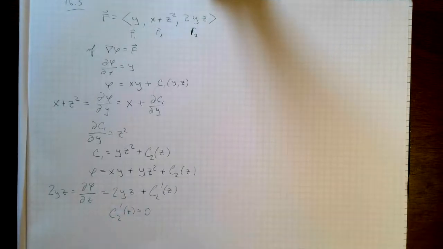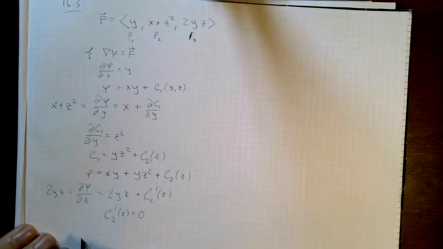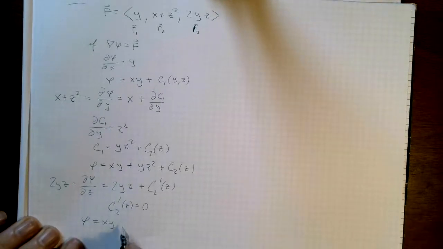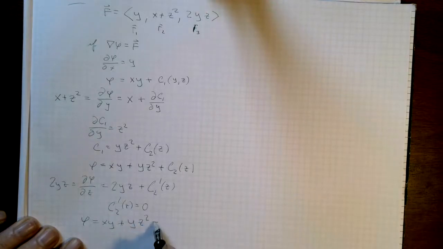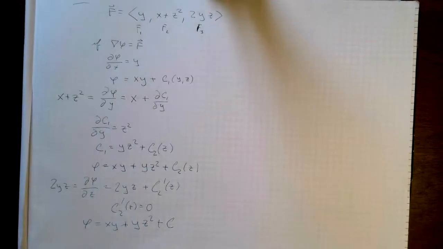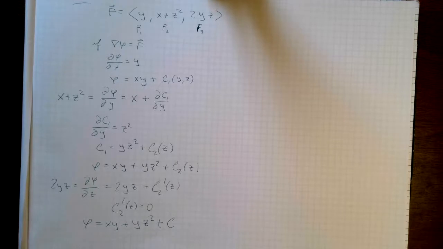So c2 is just a constant. So we really get that phi is xy plus yz squared plus a constant. If we're just looking for any potential, we might leave the constant out. It's irrelevant.